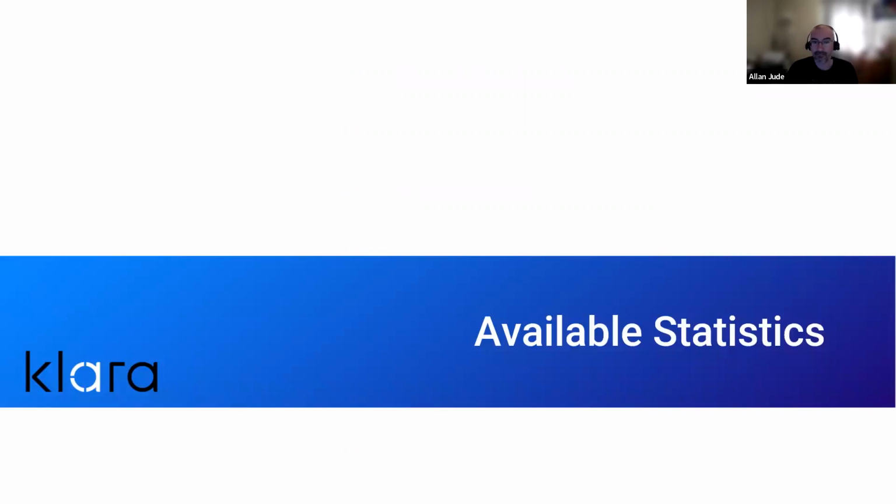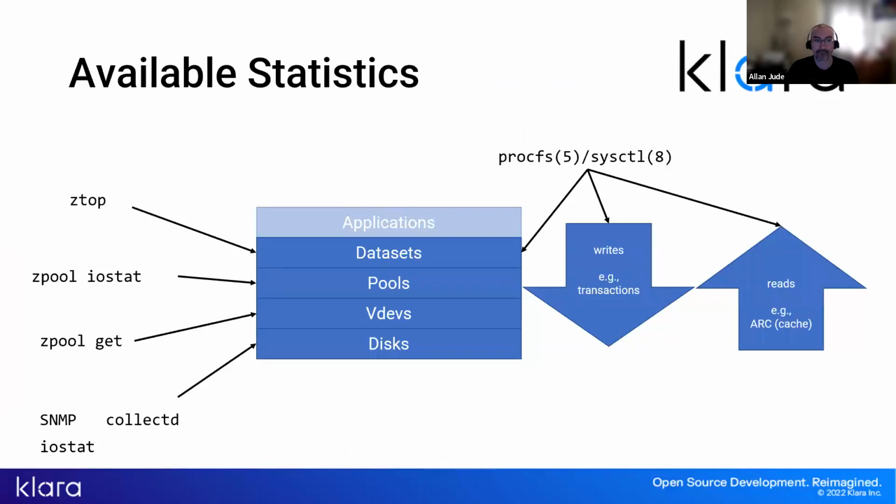So first up, we'll talk about the statistics that are available and where you get them from. Yeah, so in general, in ZFS, you have these layers that you can think of when you are observing what's happening on your system. So you have your applications, right? And they are using ZFS. And within the ZFS, you have datasets, pools, VDEVs, and disks, depending on how deep in the whole stack you want to look.